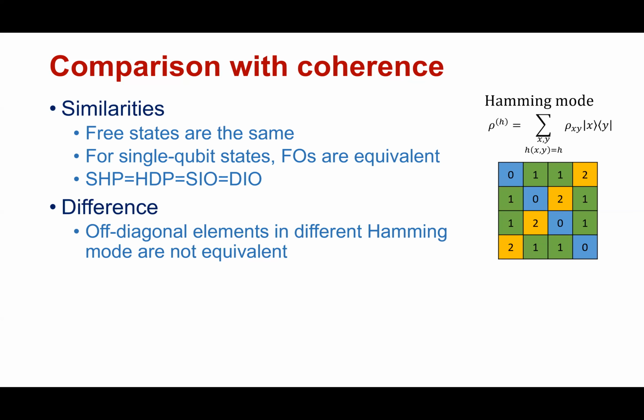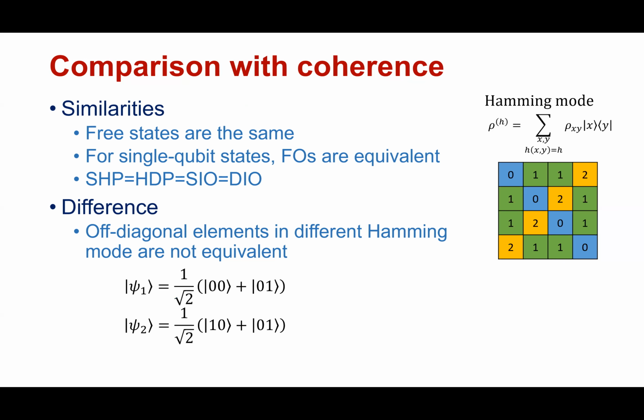For example, we can define this Hamming mode, which is defined as this. If we take a 2-qubit state as an example, the matrix elements in the same Hamming mode have the same color.